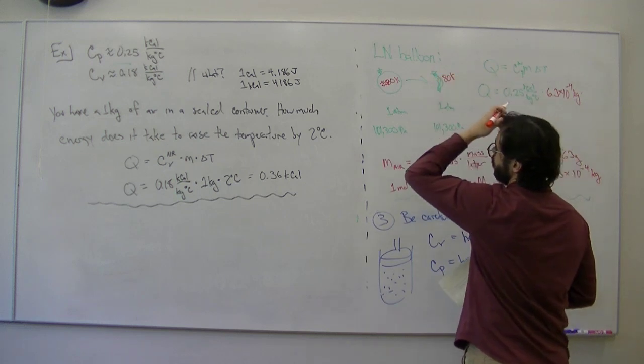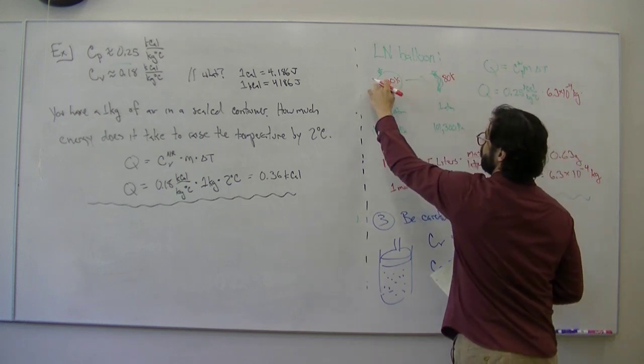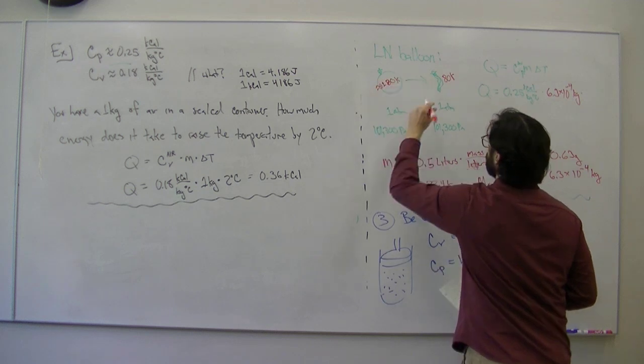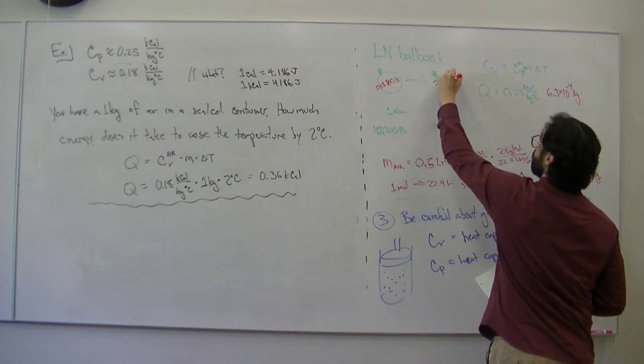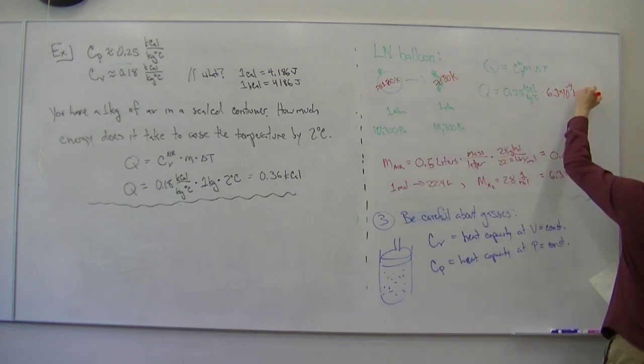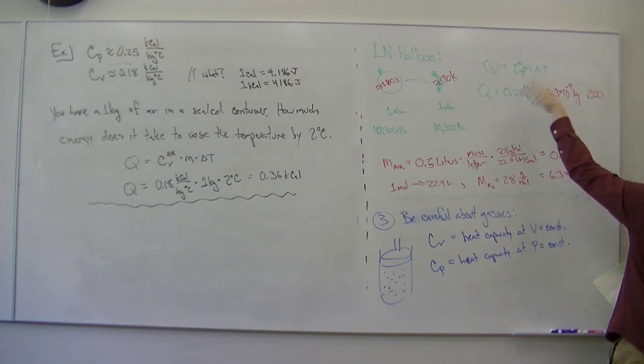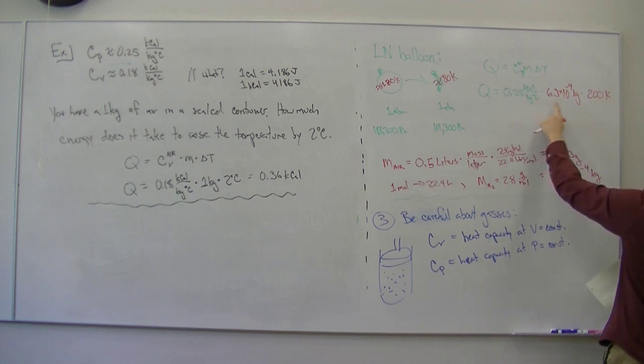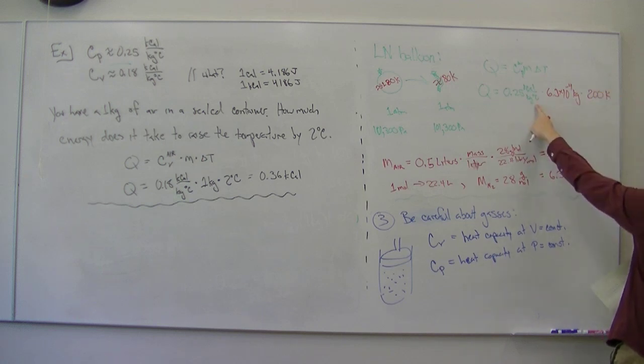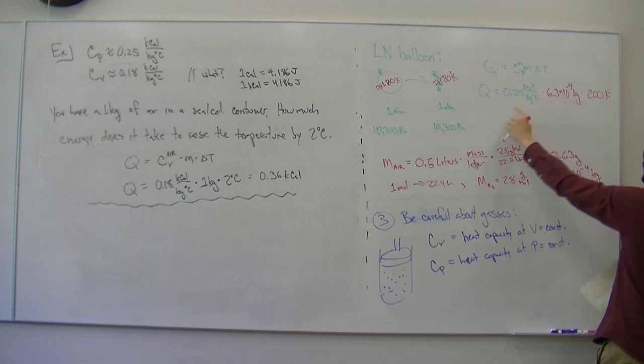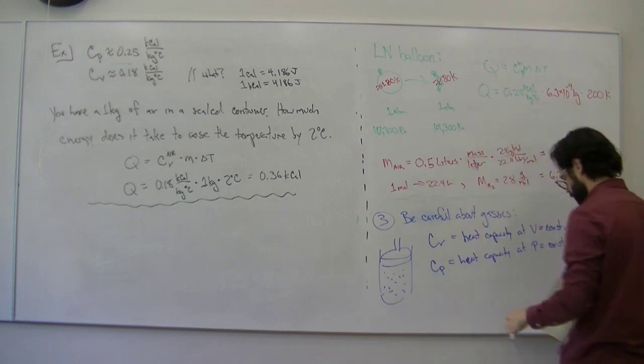So we'll just say that it lost like 200 degrees Kelvin, which is also losing 200 degrees Celsius. So that's pretty good for our estimate. And again, I'm saying heat flowing out, so we don't have to worry about a minus sign. And then, okay, Kelvin, Celsius, that's okay because it's a change. Kilograms, we're going to get kilocals out, which is fine.